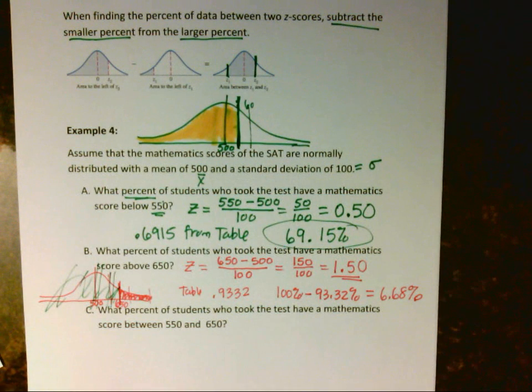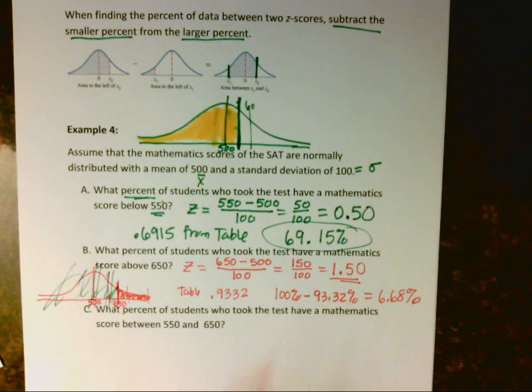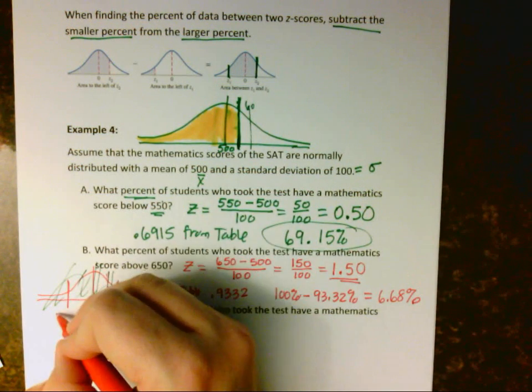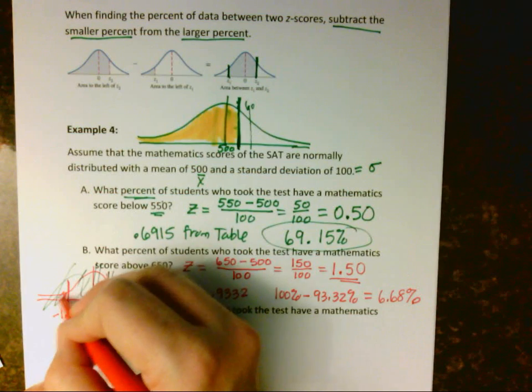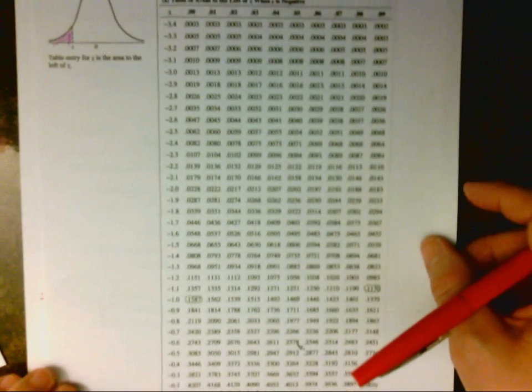Good. Now, just for the heck of it, let's look up z equals negative 1.5 and see if the symmetry thing would work. The theory is that the percentage up here should match up with the mirror image by looking up negative 1.5, what's below it down there. So now we finally get to use the negative table.